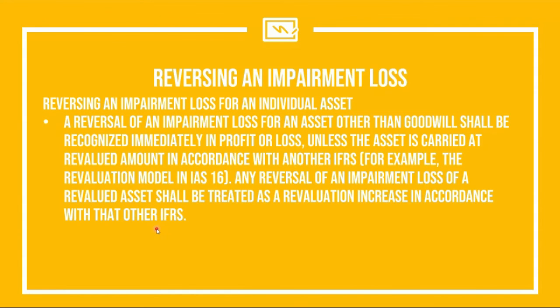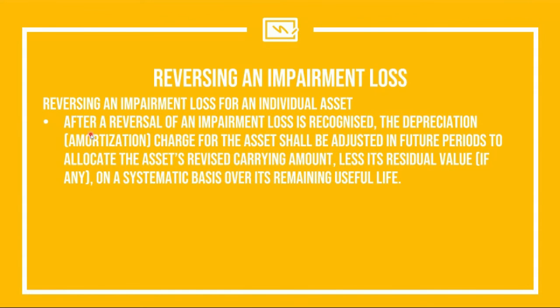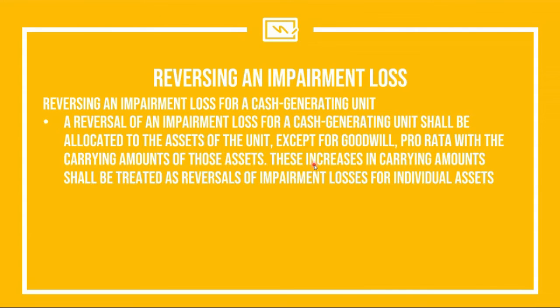So similar to what I said already a while ago. After a reversal of an impairment loss is recognized, the depreciation or amortization charge shall be adjusted again for future periods based on the new depreciation or amortization base that we have. So of course, as expected here, the depreciation or amortization charge will increase because the base is also increased.